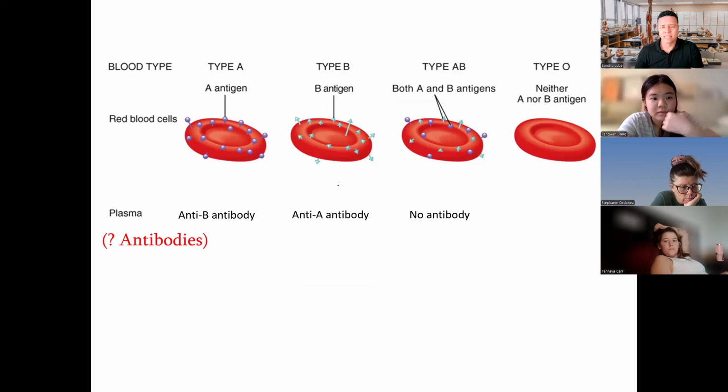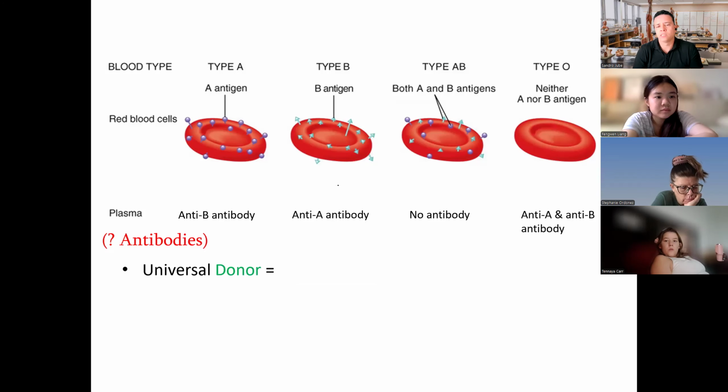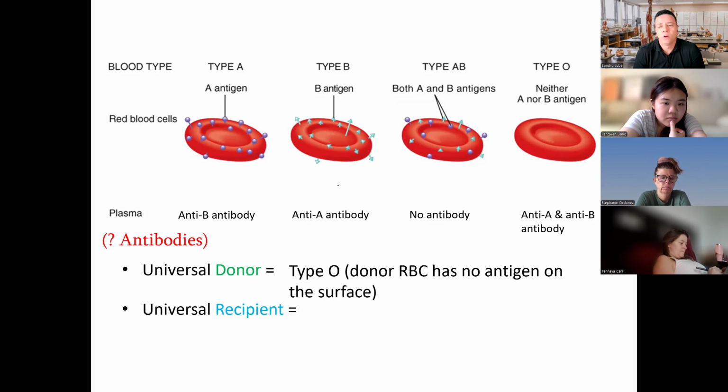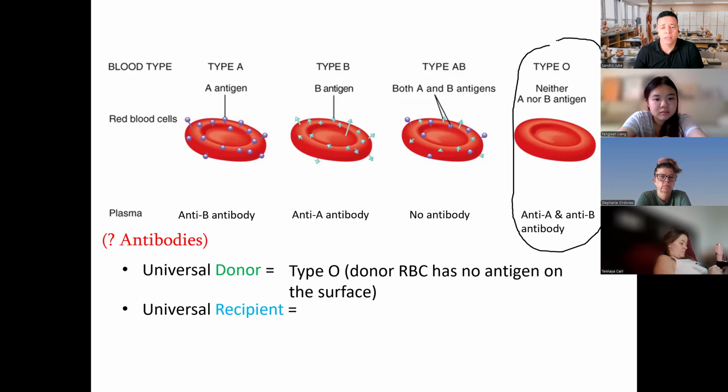So, with that in mind, let's introduce the concept of a universal donor and a universal recipient. Again, specifically talking about the ABO blood group. And a universal donor is a type O. Why? Why can this individual donate blood to anybody?